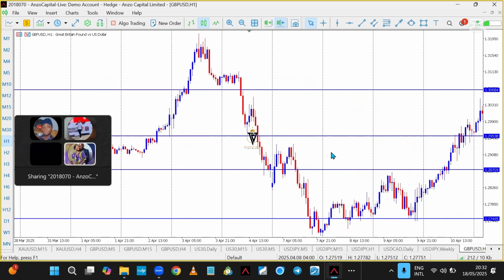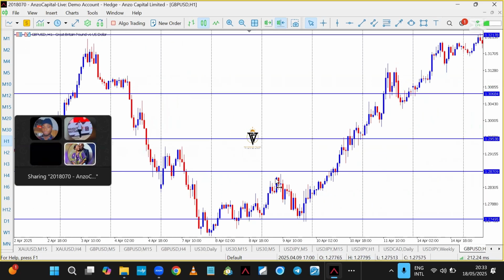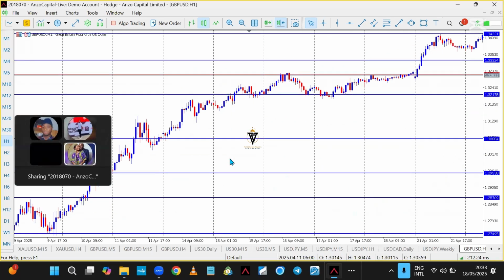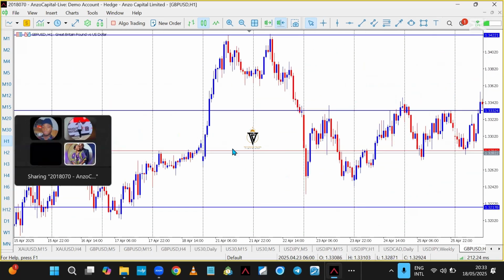Add structure to it. Add other confluences. Some use indicators, like the 50 moving average. The essence is to increase profitability, reduce losses, and add to confluences. That's basically it.